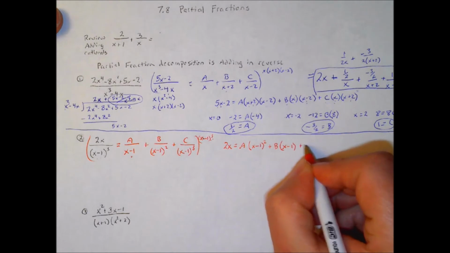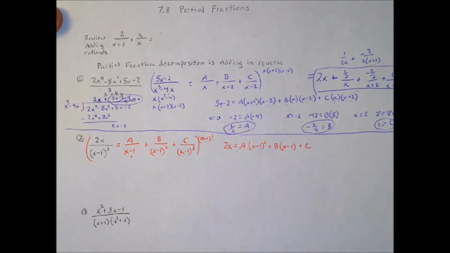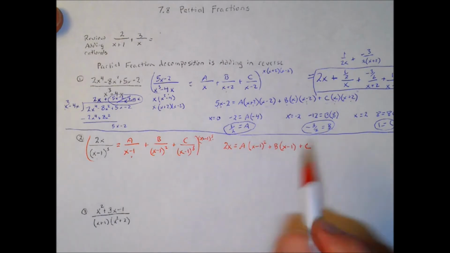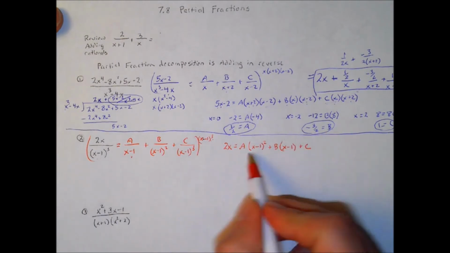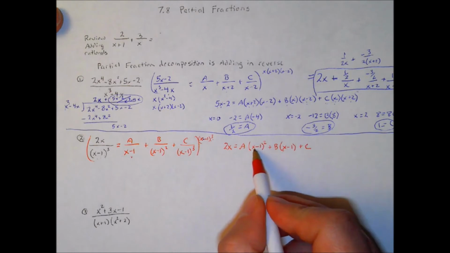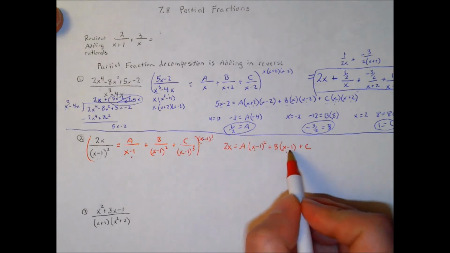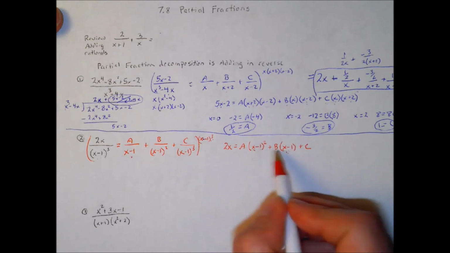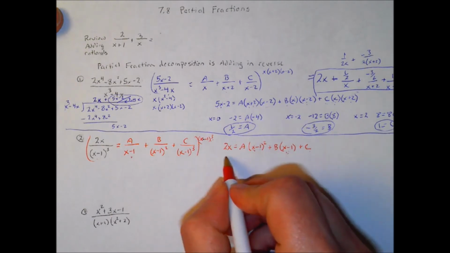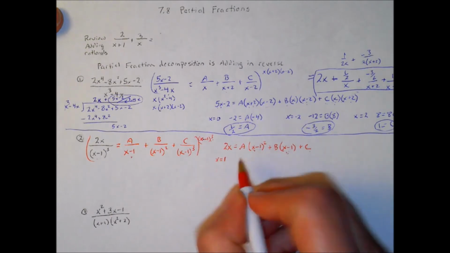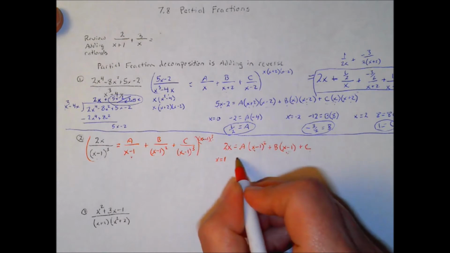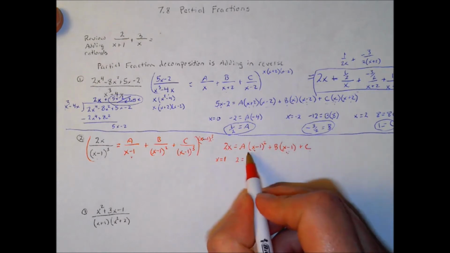Okay. Now, try and solve some of these things here. Let's see what x's can I put in here to make something eliminate. So if I put x equals 1 in here, that'd be 1 minus 1 and 1 minus 1 would both be zeros, right? So I'd be just left with c. So let's say that x equals 1. Then 2 times 1 would be 2. And this would be 0, and that would be 0, so I have c.